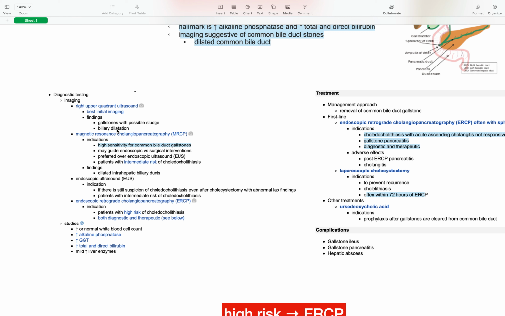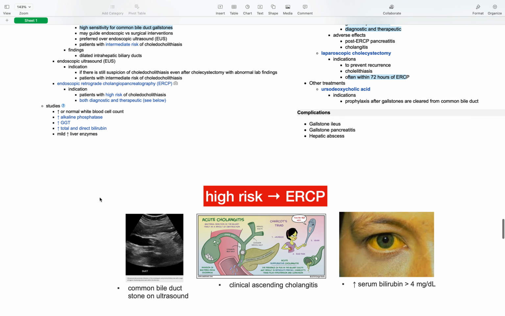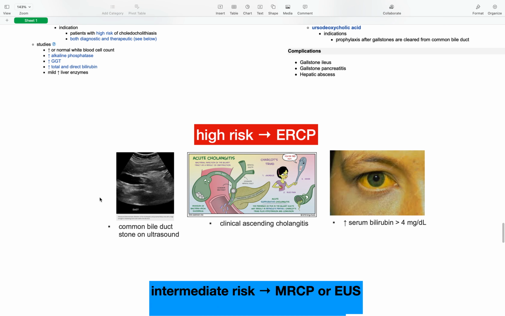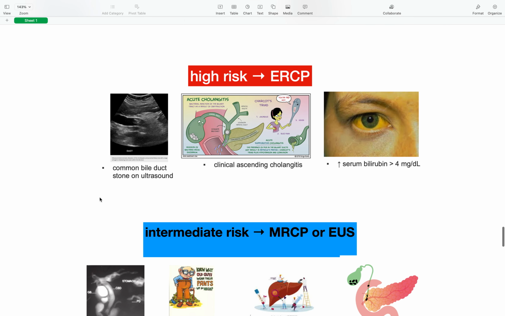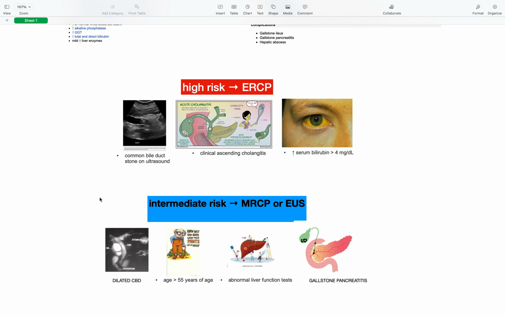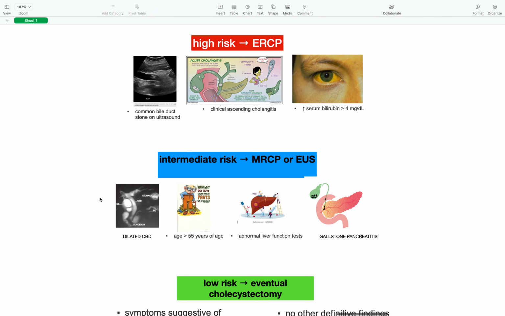Now, before I go into detail of all the other diagnostic testing, it is important to know the risk stratification associated with choledocolithiasis. This is according to the American Gastro Society. It classifies choledocolithiasis into high risk, intermediate risk, and low risk.